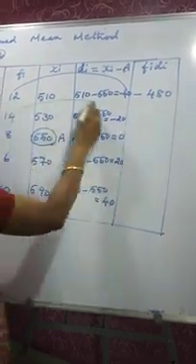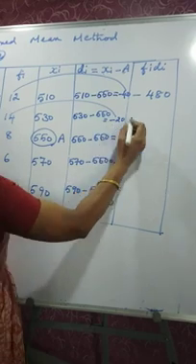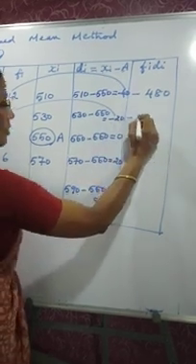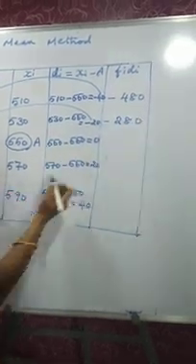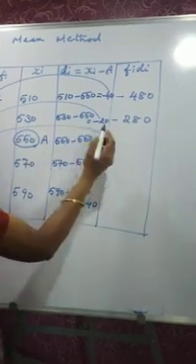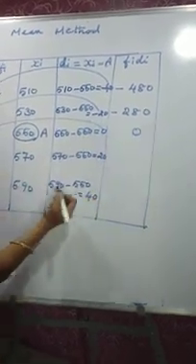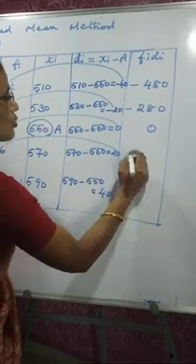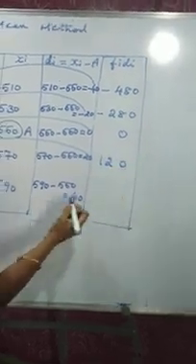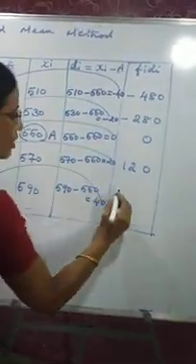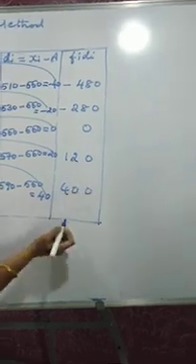Similarly, 14 we are going to multiply with minus 20, which is minus 280. Third entry is 8 into 0 becomes 0. Similarly, 6 into 20 gives 120. 10 into 40 gives plus 400.